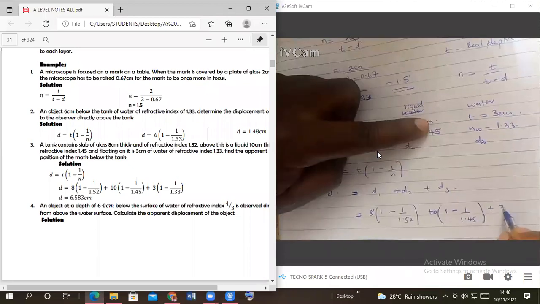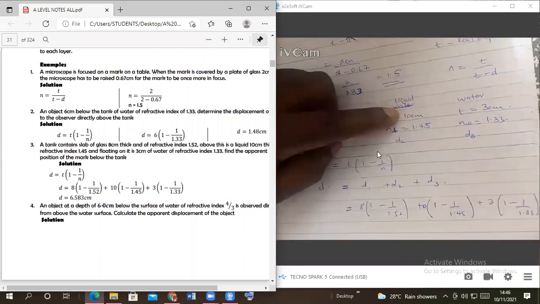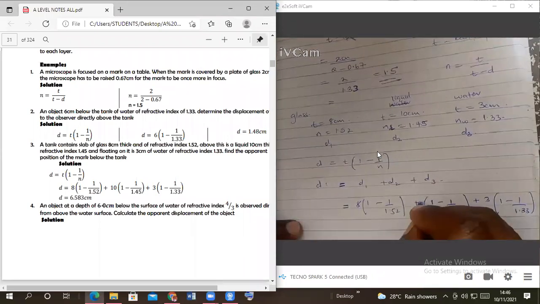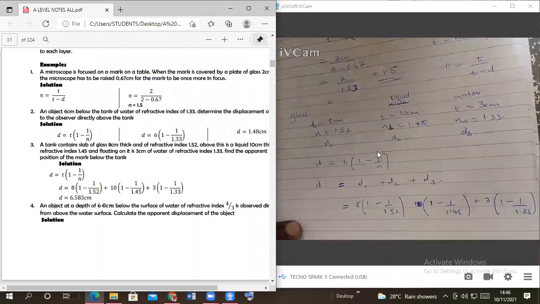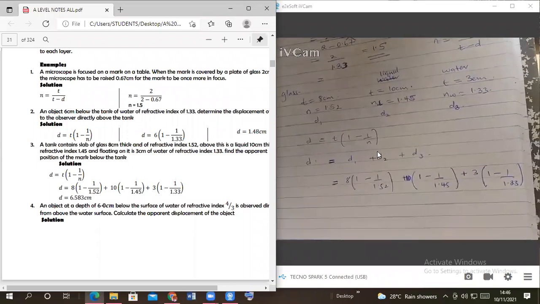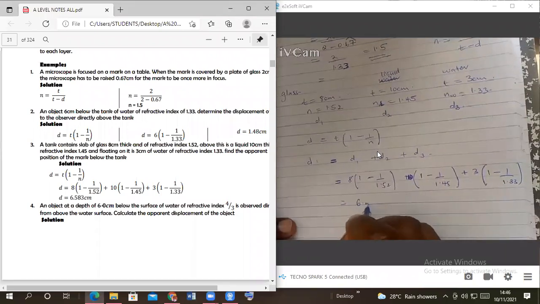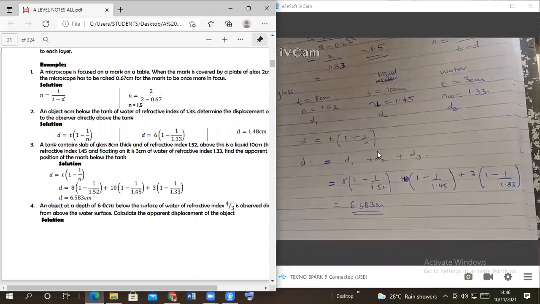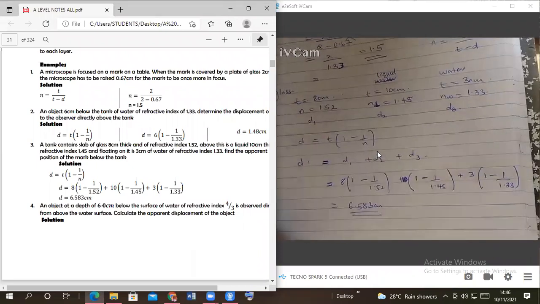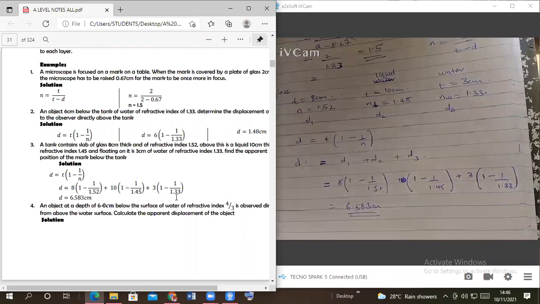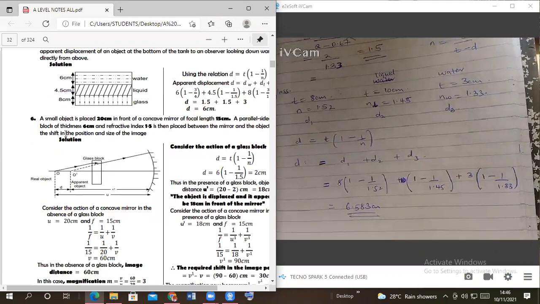Then plus 3 times 1 minus 1 over 1.33. So when you compute that, you get your D as 6.583 centimeters. I want you to compute it out and get the answer. And then when we come back in the next session, we are going to look at other things. We are going to look at question number 6, and then we proceed.